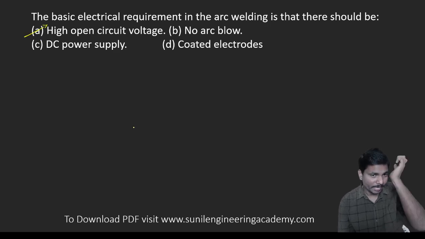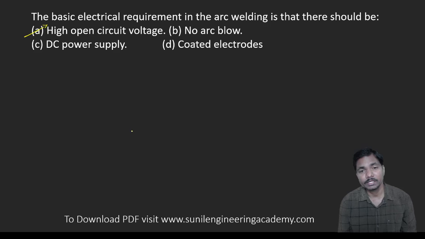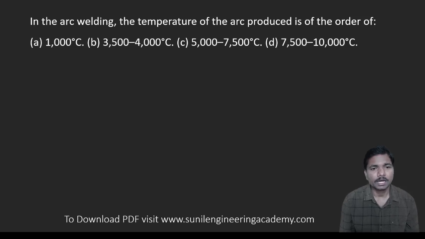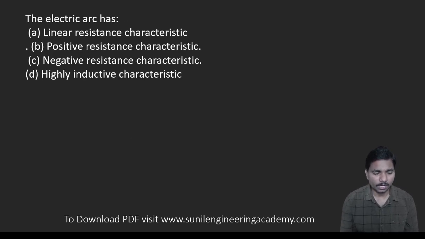Whenever there is a high open circuit voltage, only then is there a chance of producing an arc. In arc welding, the temperature of the arc produced is of the order of dash. The temperature of the arc must be in the limit of 3500 to 4000 degrees centigrade. The electric arc has dash, always negative resistance characteristics.